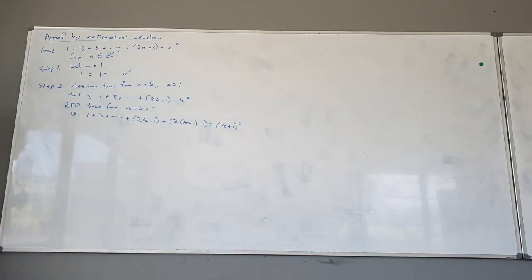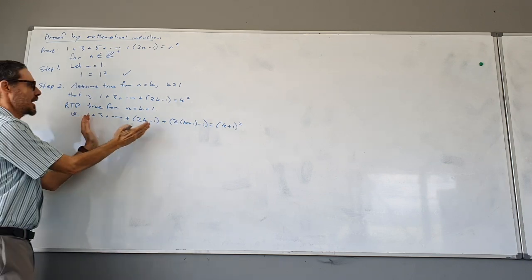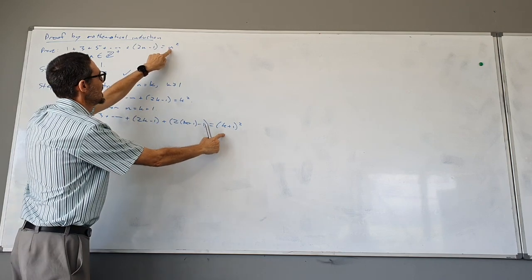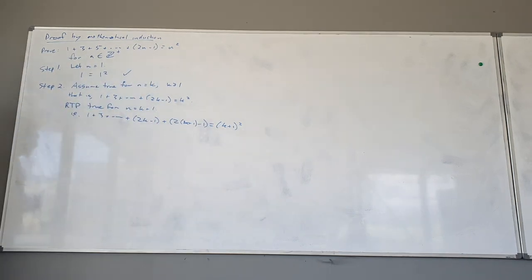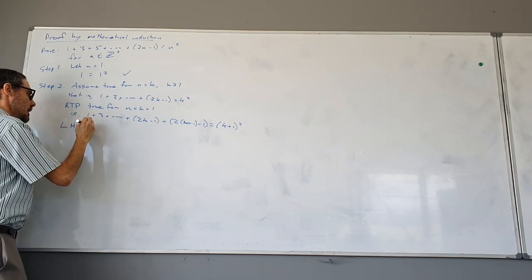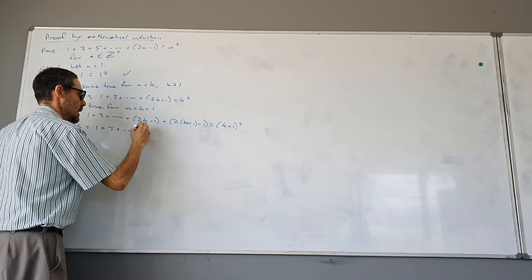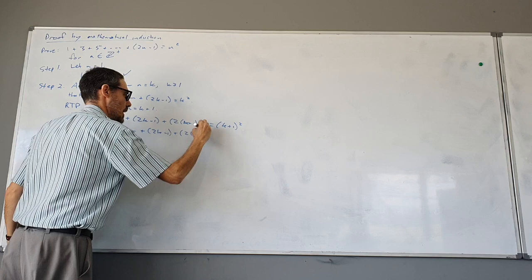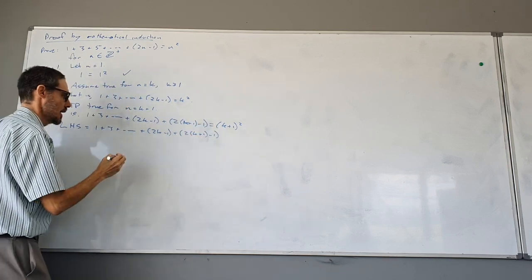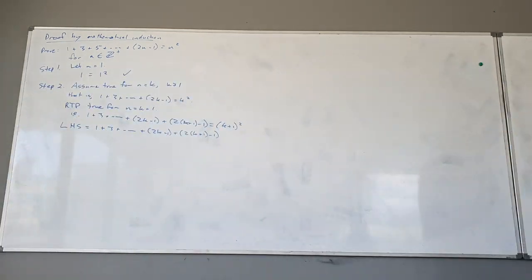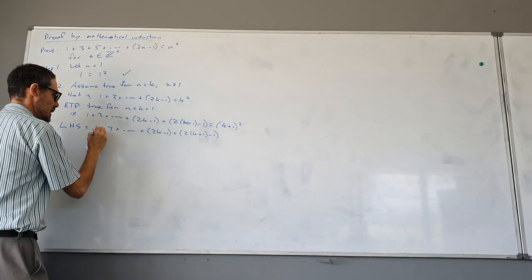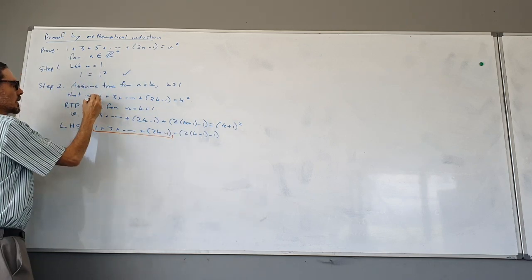See how I wrote that? Take what I already had, add one more term, and it's got to equal k plus 1 squared. On my left-hand side is 1 plus 3 plus up to 2k minus 1 plus 2k plus 1 minus 1. This bit is this bit.